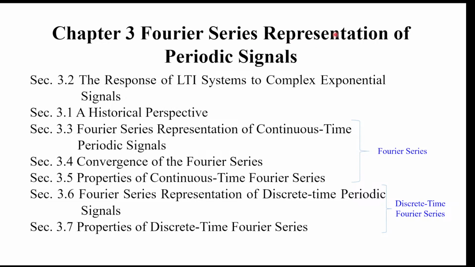We are going to represent our signal in the so-called Fourier series. And in particular, the signals we are analyzing now are periodic signals. The motivation is that we are going to use this analysis for LTI systems. But for now, this whole chapter is just a way to decompose our signals. Okay.